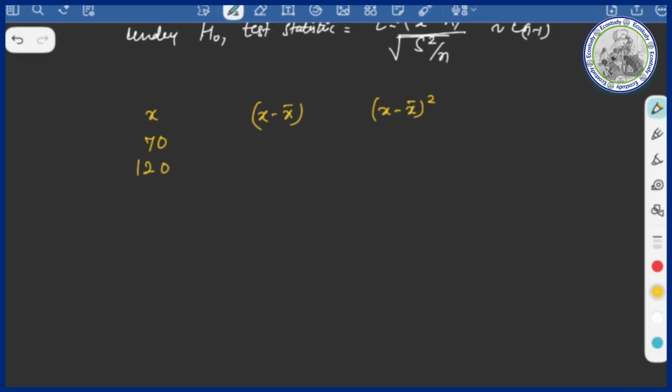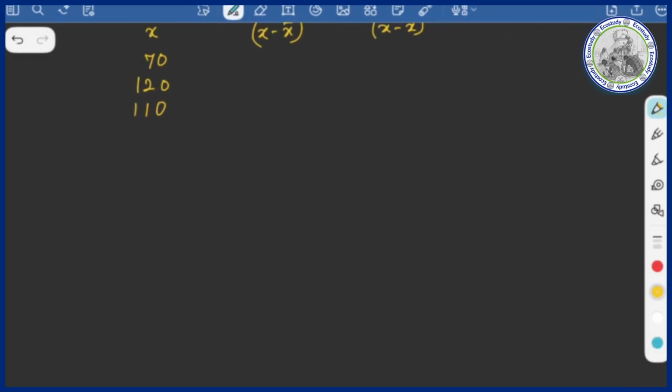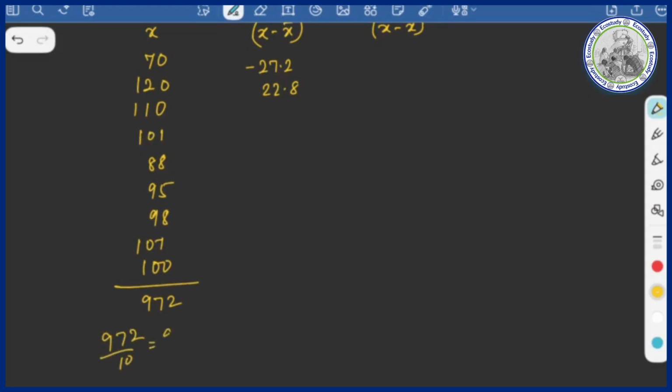The values are 70, 120, 110, 101, 88, 83, 95, 98, 107, 100, and the total is 972. When we divide 972 by 10, we get 97.2. Subtract it from each value. It is a simple mean calculation.